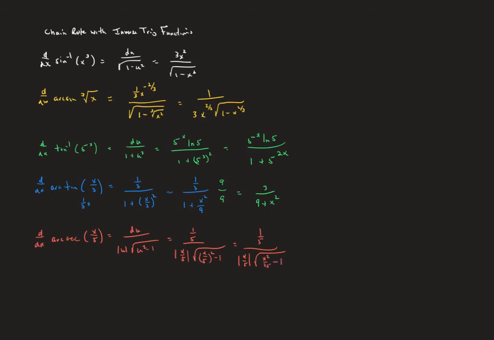Here's where the algebra gets a little bit serious. So in the radical in the denominator, we're going to factor out 1/25. That'll leave us with x squared. Now when you factor out a 1/25, you're dividing this by 1/25, which is going to multiply it by the reciprocal.